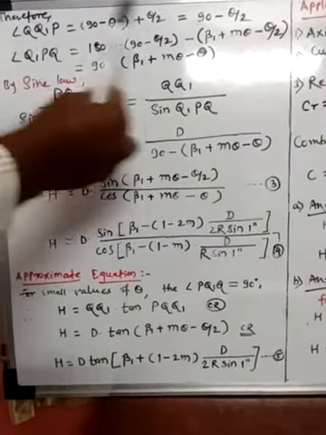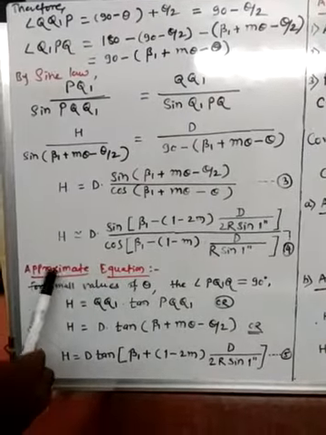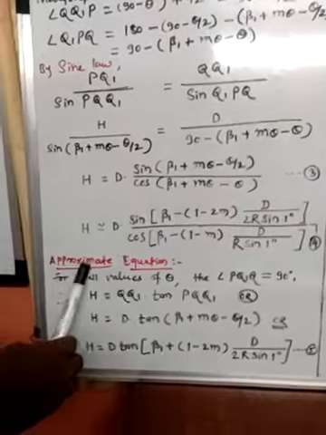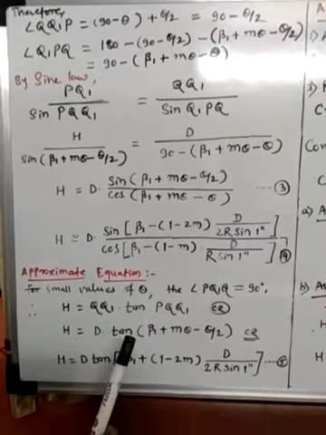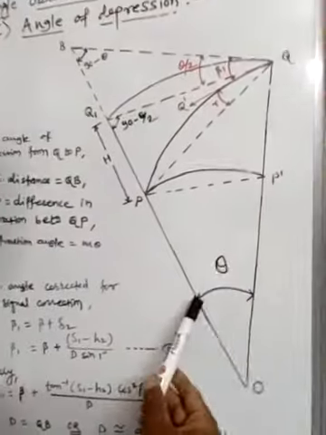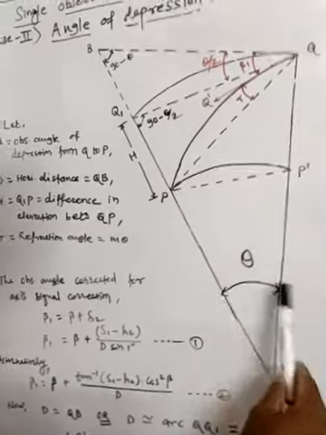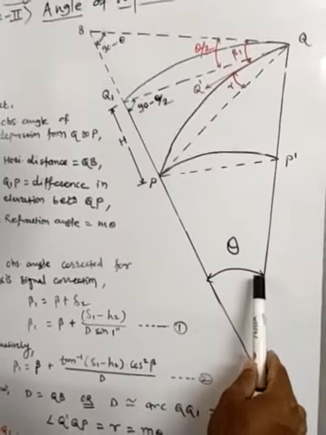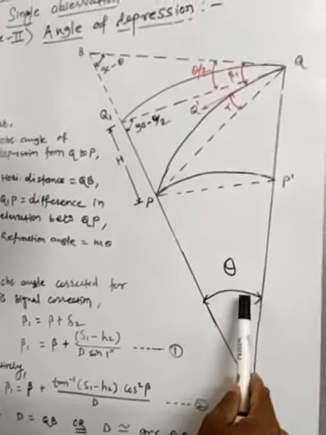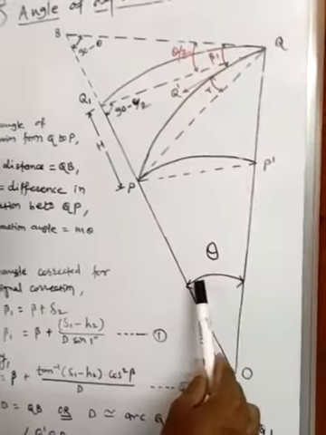Okay, then you have to find the same approximate equation. This approximate equation can be found for this theta, which is the angle subtended at the earth by the observations made.